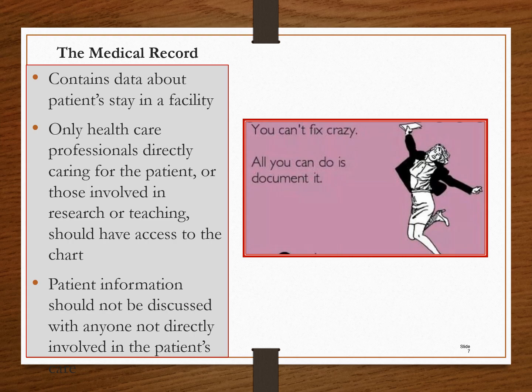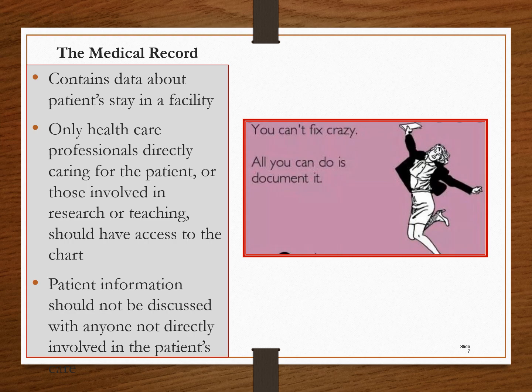The only people that can look at the patient's chart are the healthcare professionals that are involved. If you work in a hospital and you find out that your neighbor is coming into the emergency room, or was admitted to a different floor, you cannot legally look at that patient's chart. That's a HIPAA violation.